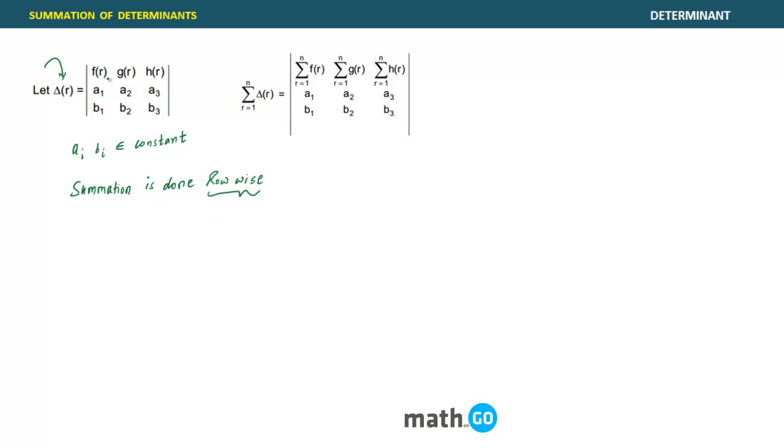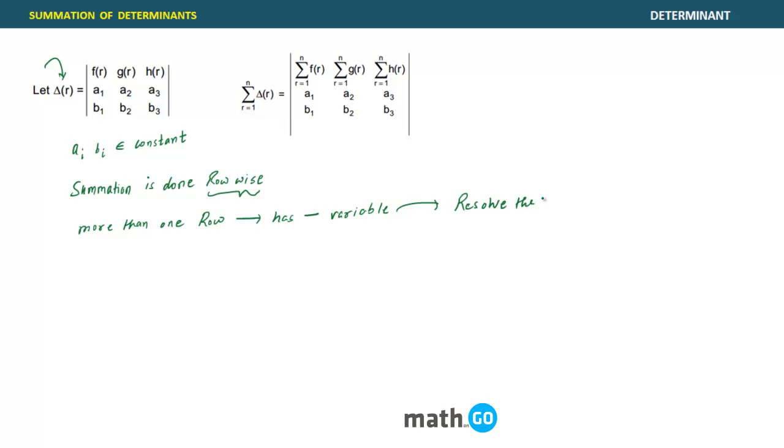But if more than one row has the variable, then you should not apply this formula because it will become very cumbersome. So what I'll say is, resolve the determinant first of all.